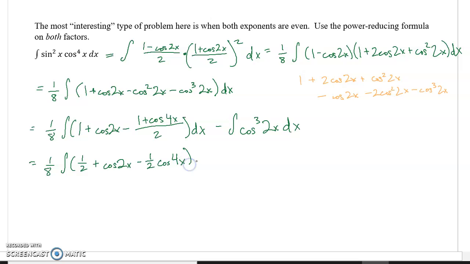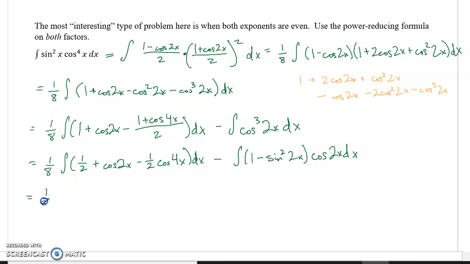And that has nothing but terms that we know how to deal with. This one, we're going to have to use that Pythagorean substitution, right? Cosine squared is going to be 1 minus sine squared. And then we still have another cosine here. So we'll deal with that in a bit. But let's go ahead and finish off this.